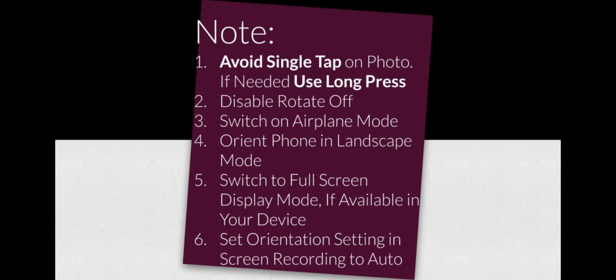Then for screen recording, you come to your photos and you start recording. Open your photo, keep your mobile phone in landscape mode, and there you start recording. Remember, once you start recording in landscape mode, all the recording will go in landscape mode.